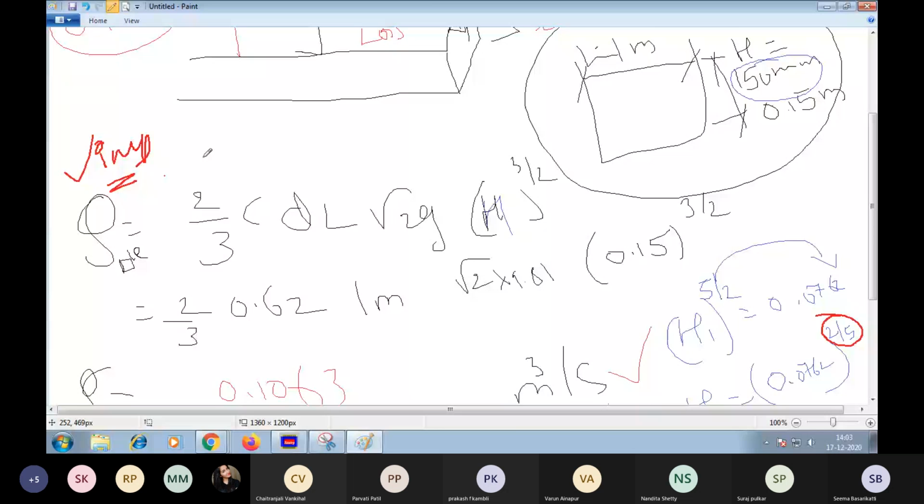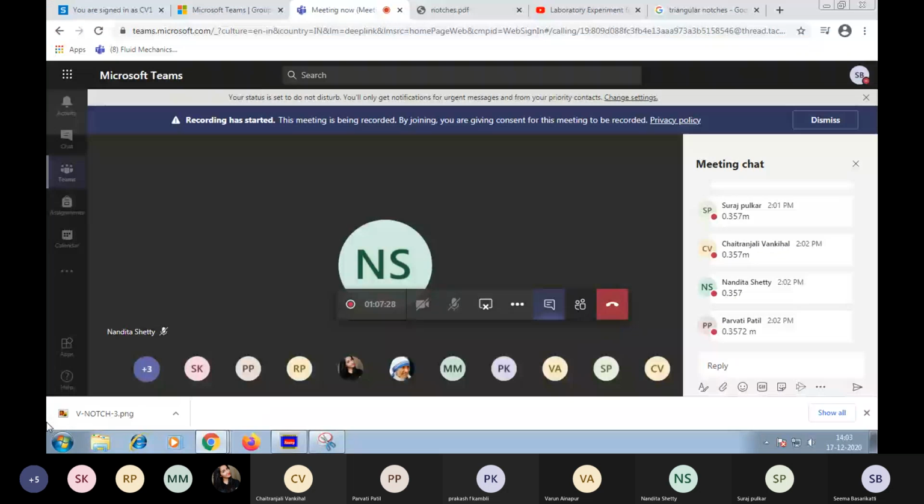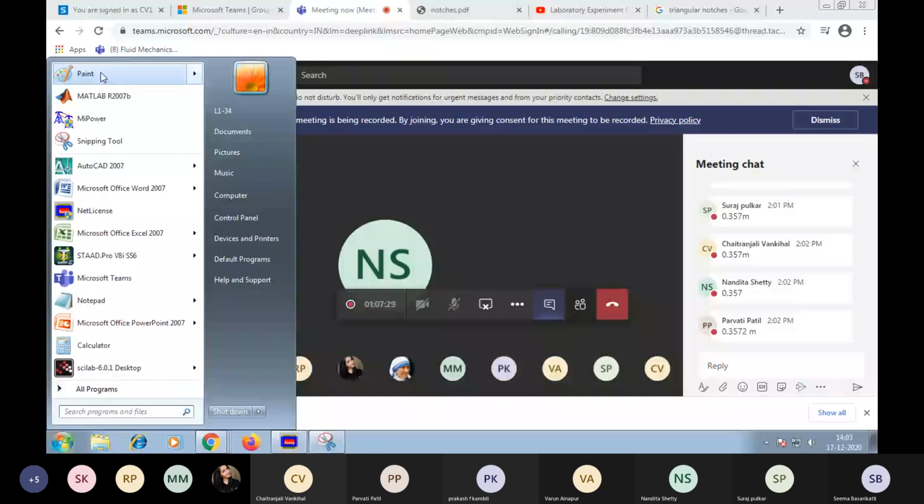Okay, take another problem as an assignment. Here I'm going to give the values. The length is 1.5 meter.